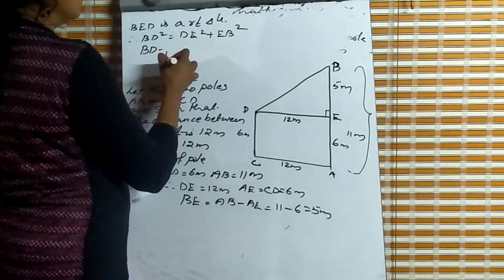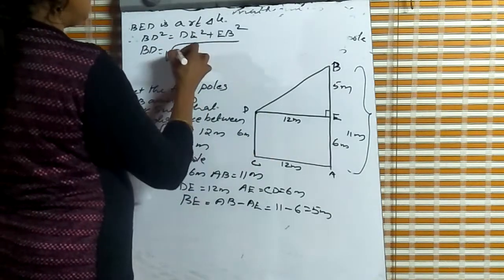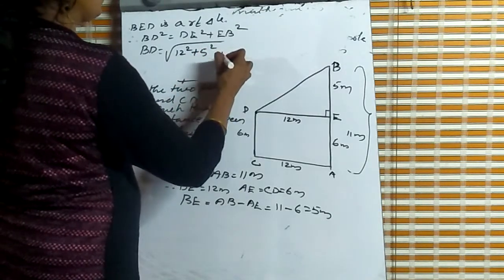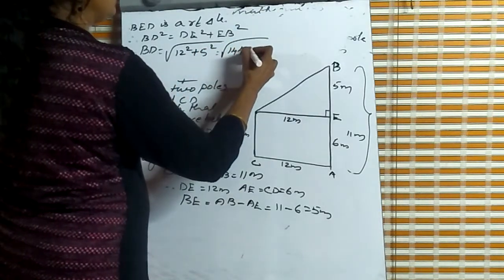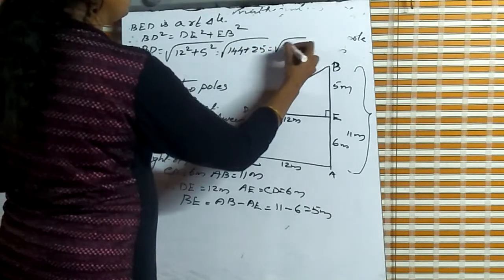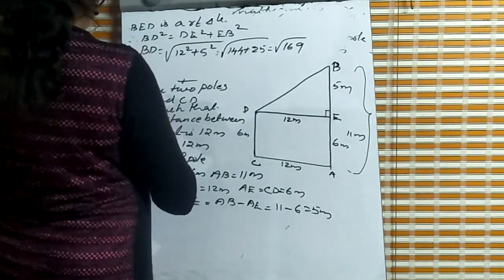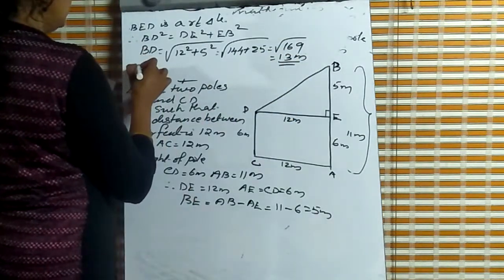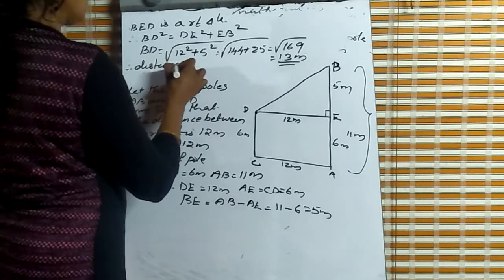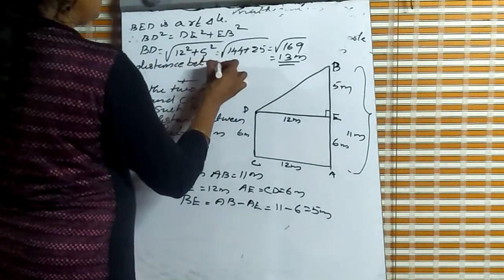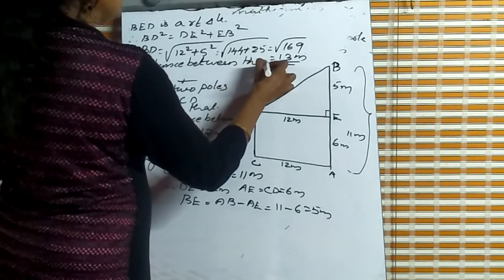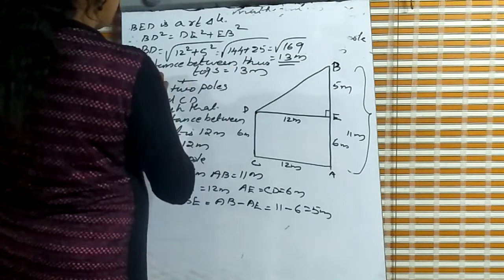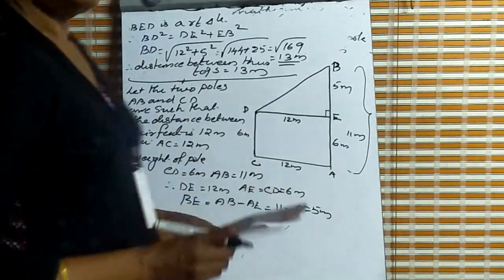BD is equal to square root of 12 square plus 5 square, equals square root of 144 plus 25, equals square root of 169, equals 13 meter. Therefore, distance between their tops is equal to 13 meter. Thank you.